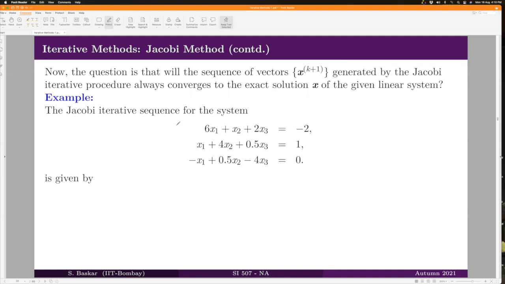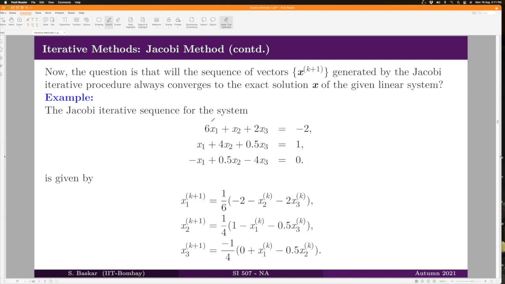Consider building the Jacobi iterative sequence for this linear system, and let us see whether that sequence is going to converge or not. How will you make the Jacobi sequence for this? Well, it's very easy. You keep this term on the left hand side, take this term to the right hand side, and finally divide by 6 on both sides.